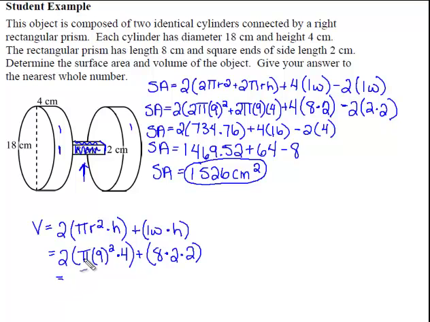If we take pi times 9 squared times 4 and multiply it all by 2 in our calculator, we will get a value of 2034.7, and 8 times 2 times 2 is 32. If we add all of that up, we will get, rounded to the nearest whole number, 2068 centimeters, our unit, cubed because we are talking volume.